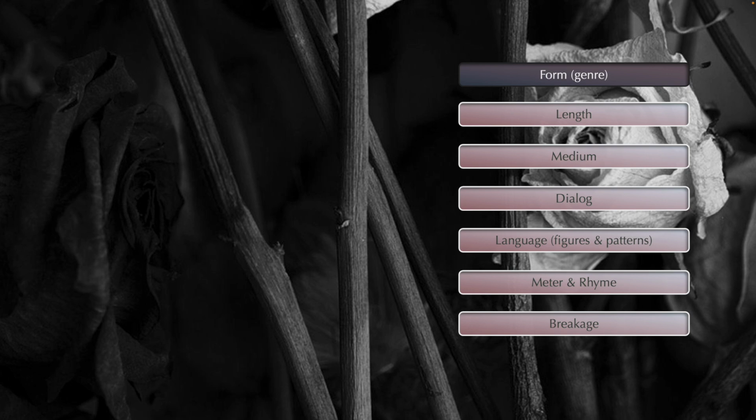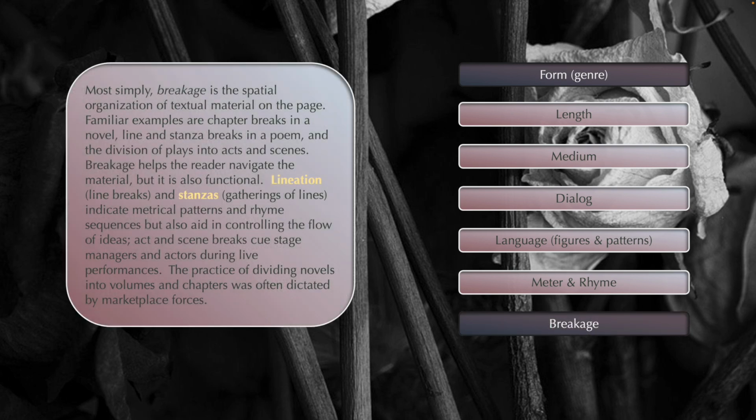Finally, we're going to talk about breakage. Most simply, breakage is the spatial organization of textual material on the page. Familiar examples are chapter breaks in a novel, line and stanza breaks in a poem, and the division of plays into acts and scenes.